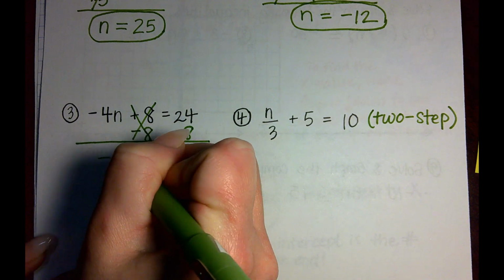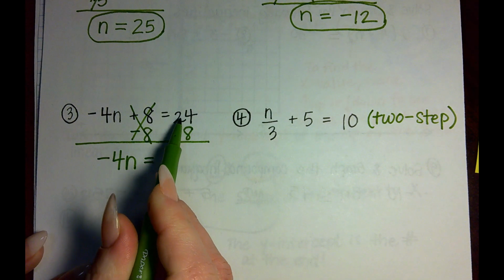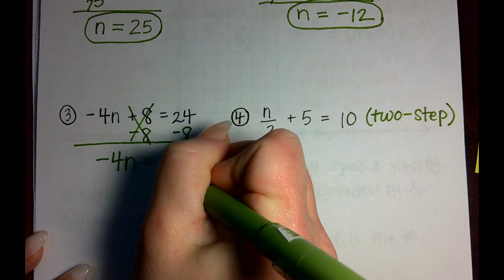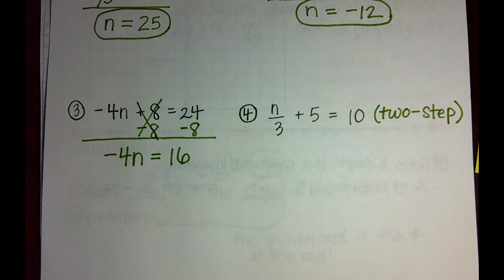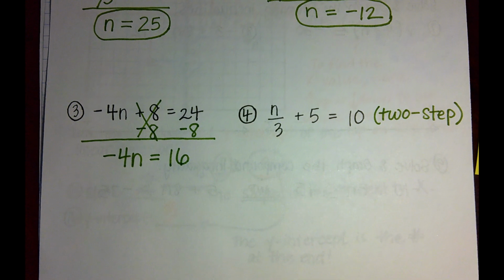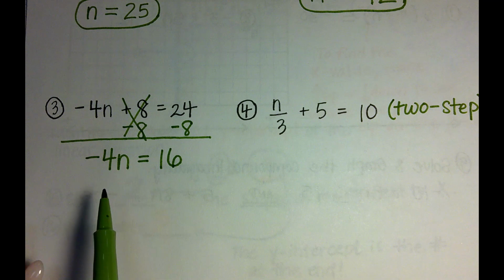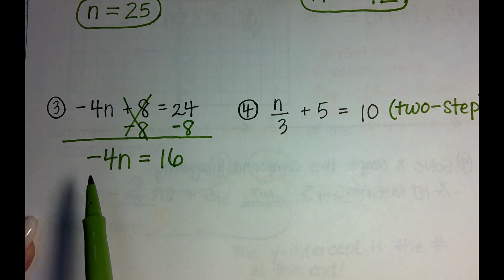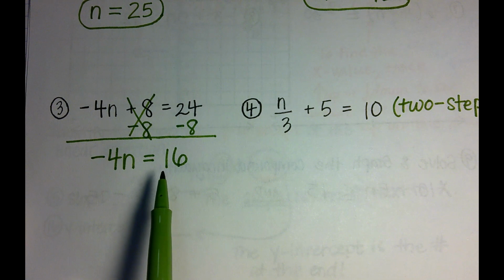Good. -4n equals, yes, 24 minus 8 is 16. And now I'm left with -4 times n equals 16.